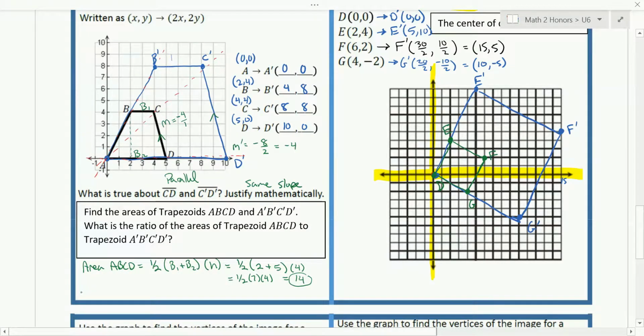So do the same thing. Find the area of the larger trapezoid.